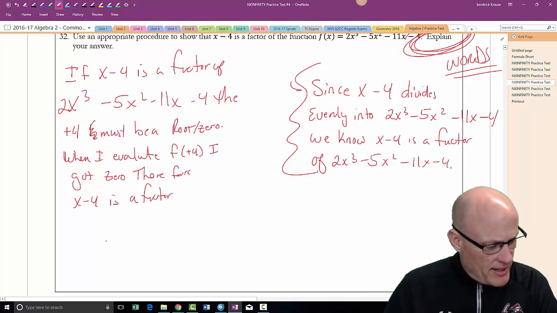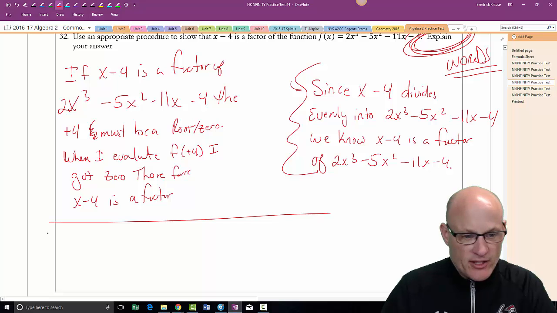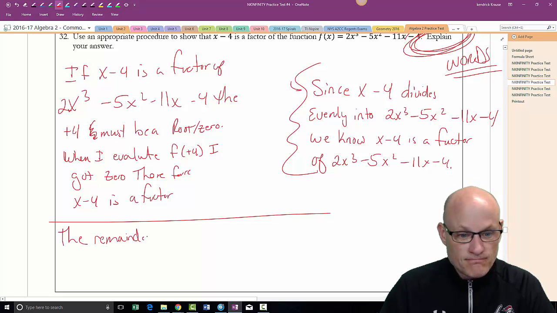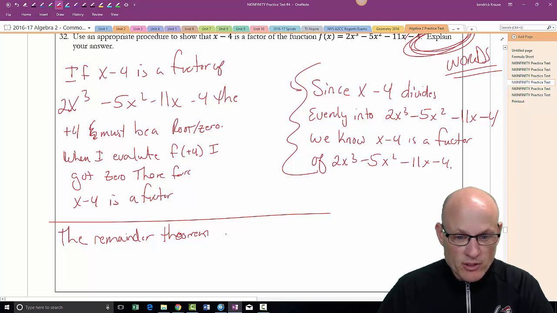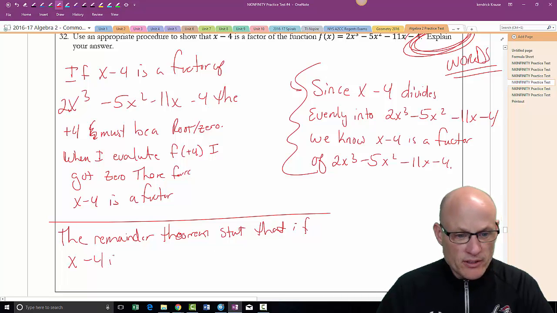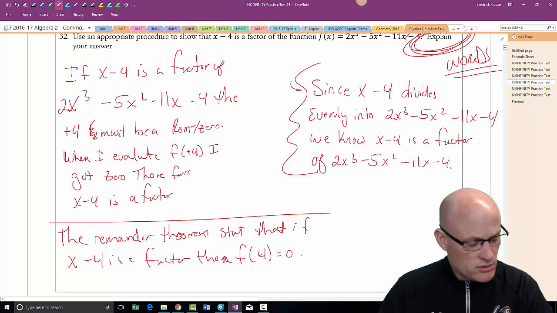You could also say by the remainder theorem, and I just butchered that word, the remainder theorem states that if x minus 4 is a factor, then f of 4 equals 0.